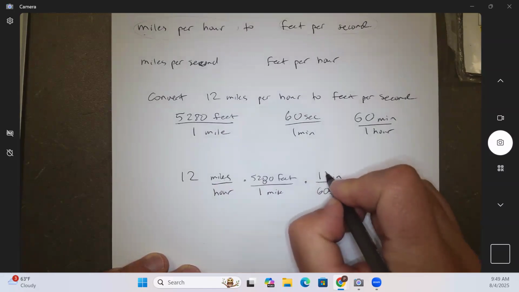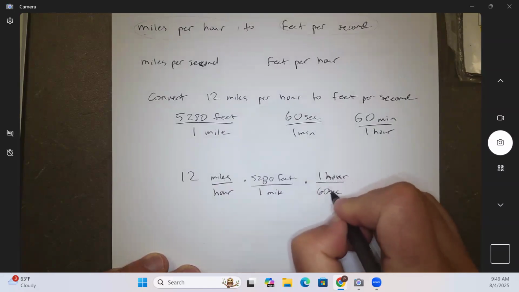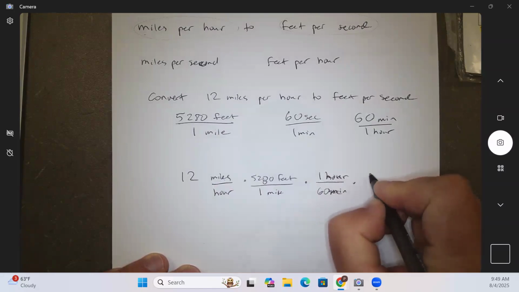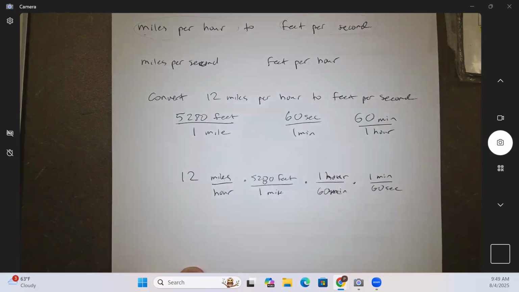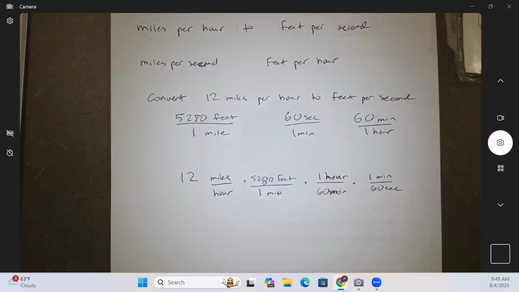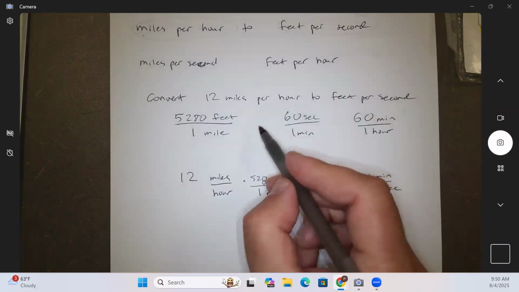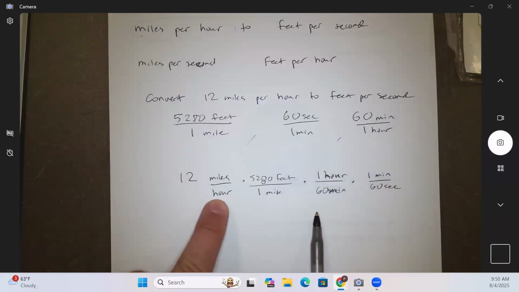Sorry, let me see. 1 hour is going to be 60 minutes. And then 1 minute is going to be 60 seconds. I flipped these conversion factors because the hour was in the bottom, so I needed to flip them.